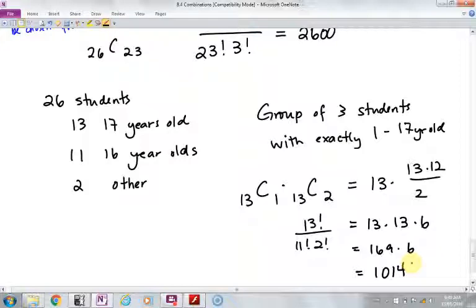Okay? 1014 of the 2600. Because I could make 2600 groups of 3 before, right? So the difference between those, that almost 1500 difference, what are those groups? Right, it's the ones with no 17-year-olds, all the other ones.